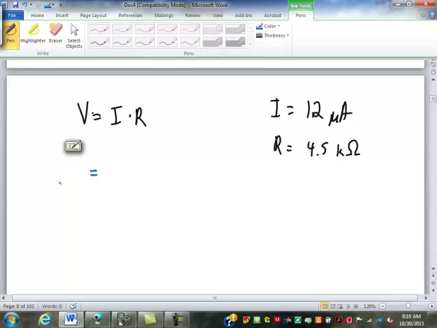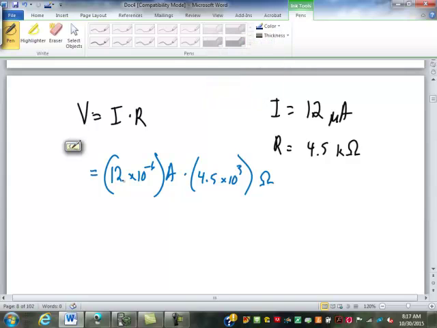So my voltage, my current, again, 12 micro is 10 to the negative 6 amps, times my resistance, 4.5 kilo is 10 to the 3rd ohms.